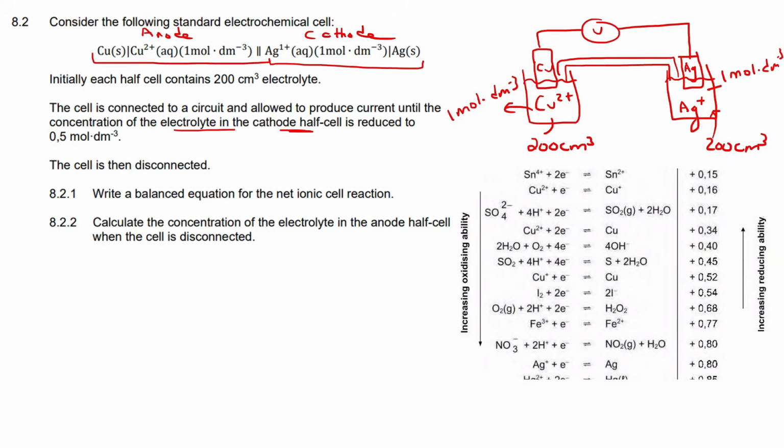Because that's the anode reaction, anode is always oxidation. So that reaction is going to go from right to left like that, because that's oxidation. And then the cathode reaction is the one with Ag plus and Ag, and that's going to be reduction, because reduction always happens at a cathode, so that's going to go in that direction like that.